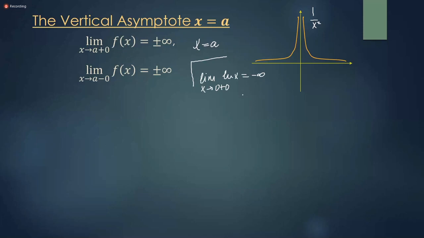And so in that example, the y-axis, x equals 0, was the vertical asymptote. That was in the example at the beginning, for the logarithmic function from the previous slide. We can check it like this: check the correct one-sided limit.